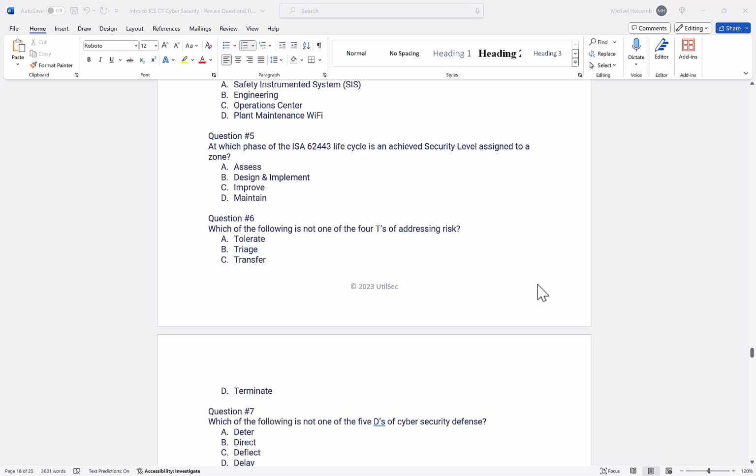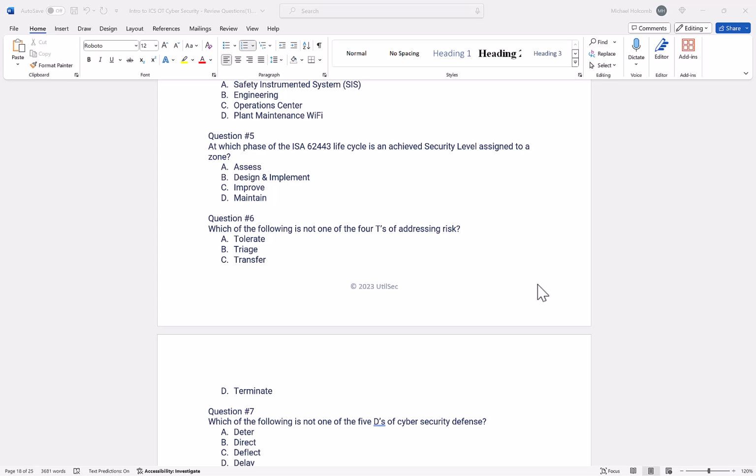So, question 5, at which phase of the ISA 62443 life cycle is an achieved security level assigned to a zone? So remember, in the assess phase, we say we want the security level, let's say, to be 3. We want to be able to protect against all the common threats and then some. Or let's say 2. Let's be more realistic.